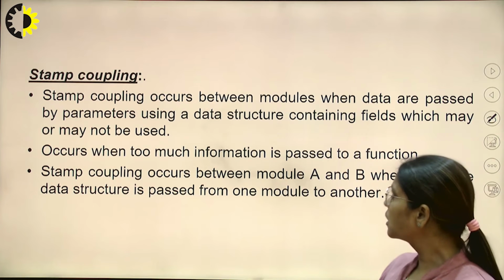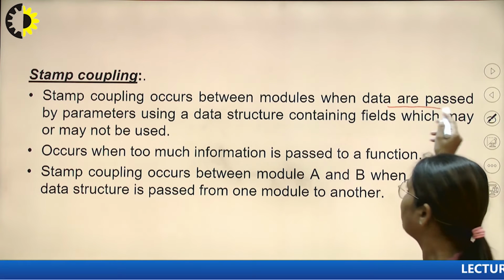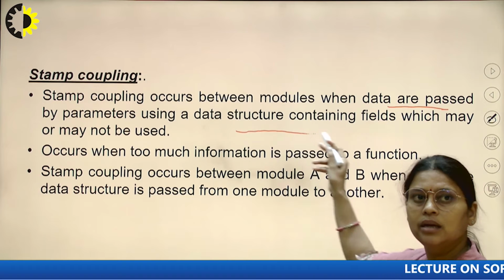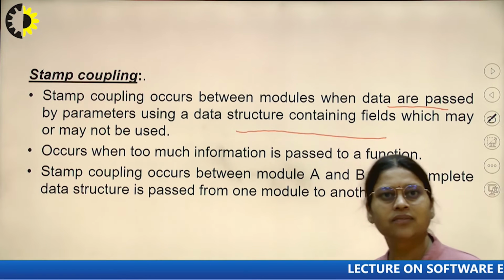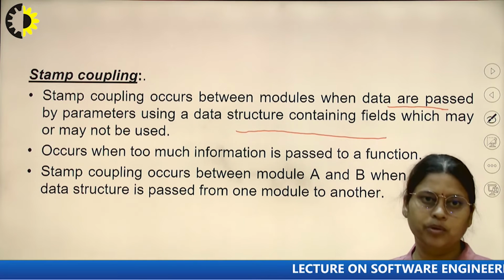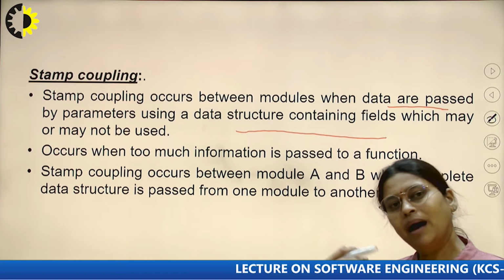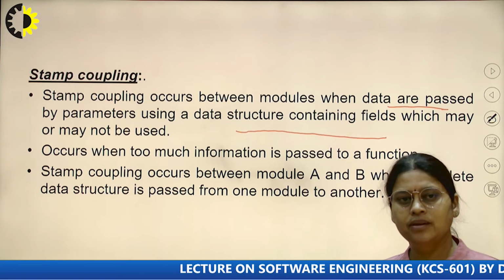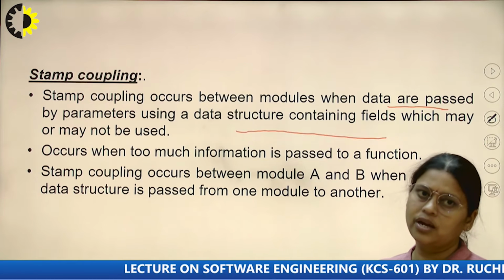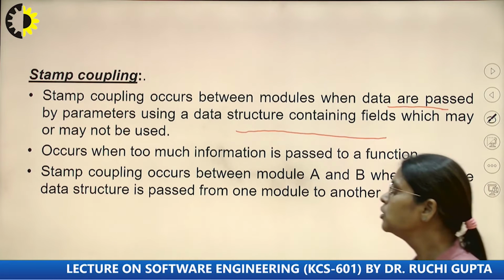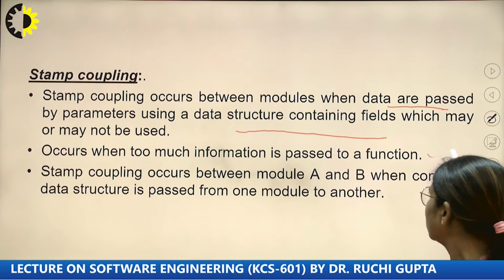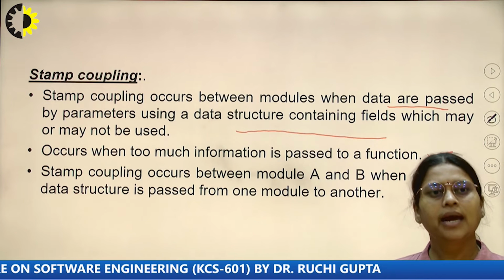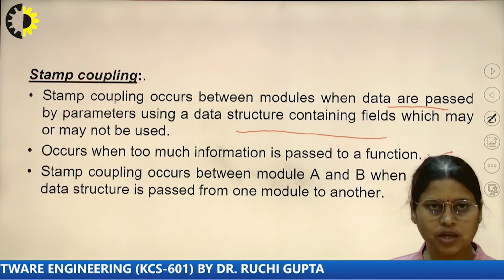In this coupling, the data are passed using a data structure that contains fields which may or may not be used. Because we pass the whole data structure, we are not bothered about whether one field is used or not. It occurs when too much information is passed to a function. At that time only we use this type of coupling.